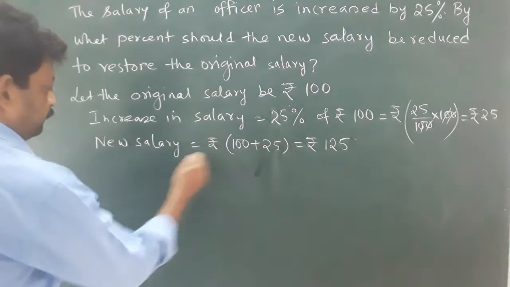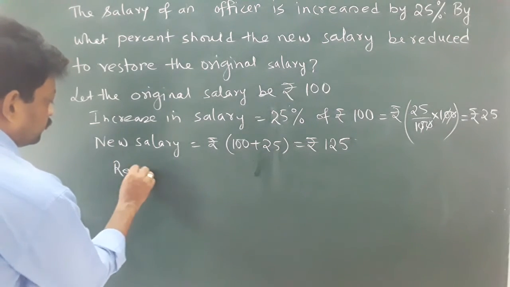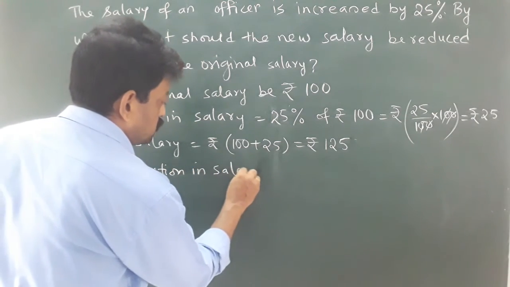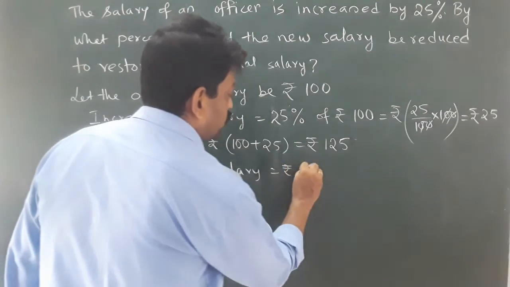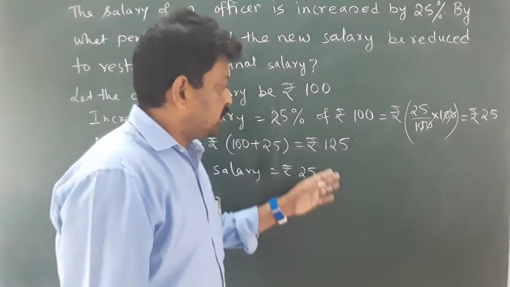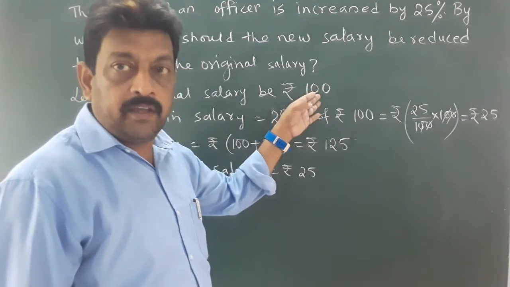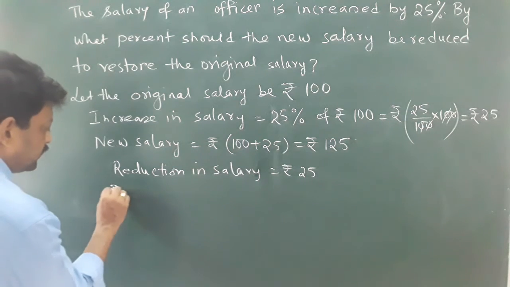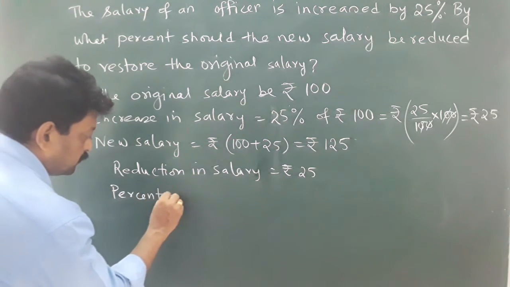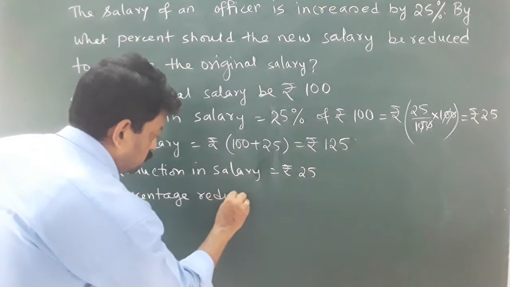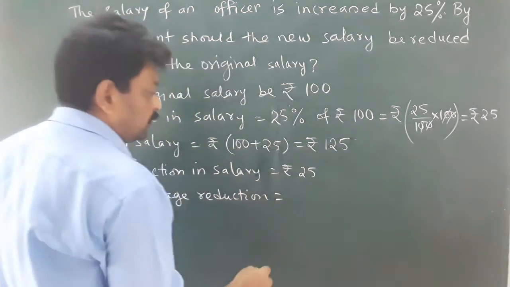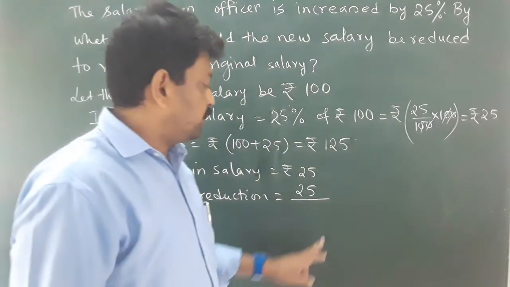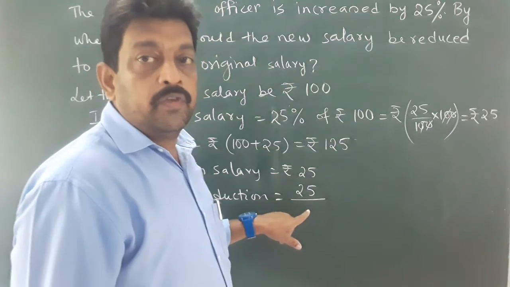Okay. So reduction in salary equals rupees 25, since it is 125 and we have to make it 100 again. Percentage reduction equals 25 upon, and here lies the problem with most of the students.